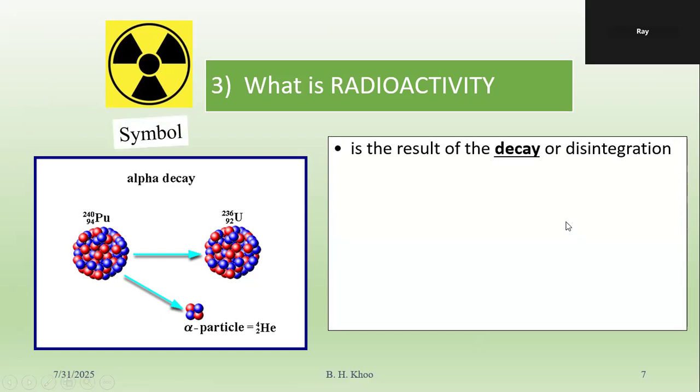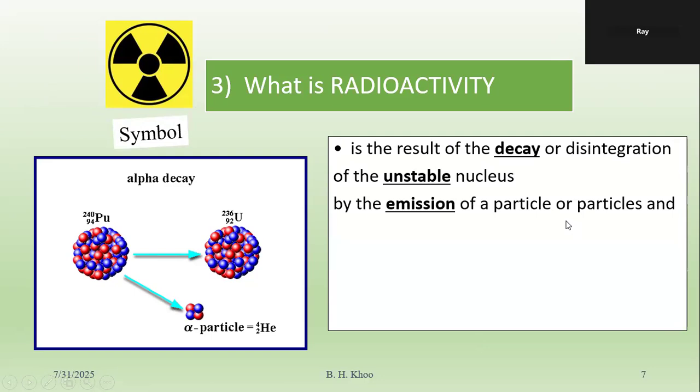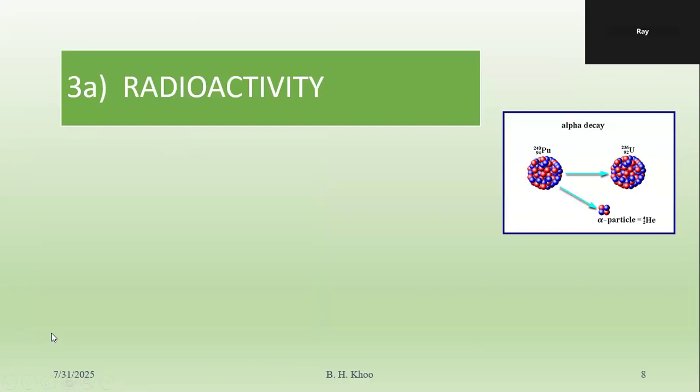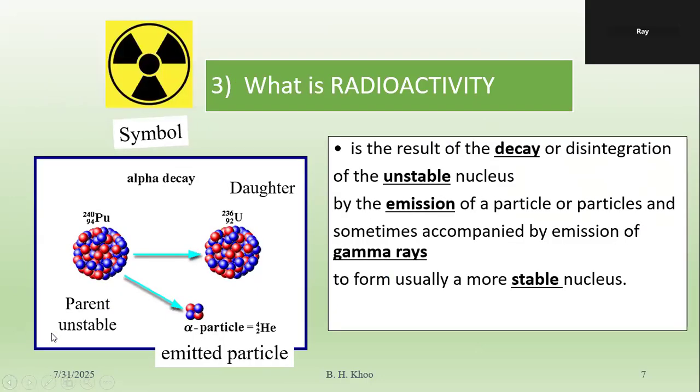Radioactivity is the result of decay or disintegration of an unstable nucleus by the emission of a particle or particles, and sometimes accompanied by emission of gamma rays, to form a more stable nucleus.